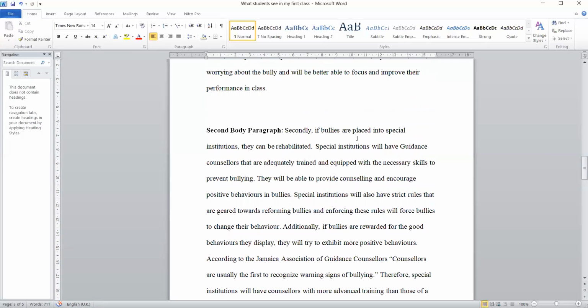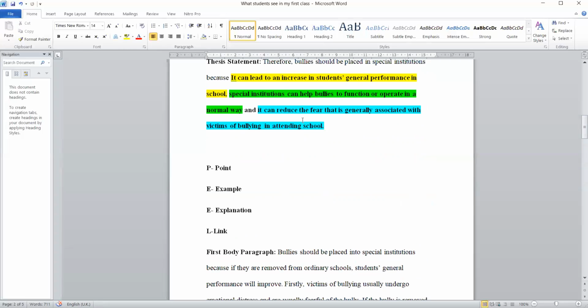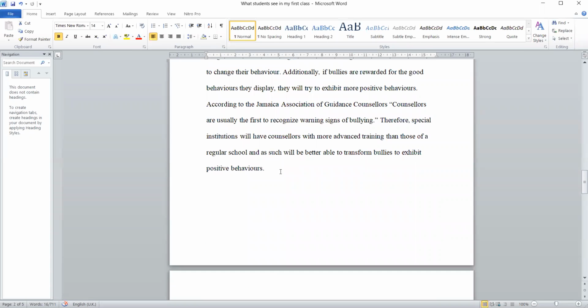All right. So our last body paragraph will be based on this point highlighted in blue. It says that if bullies are placed in special institutions, it can reduce the fear that is generally associated with victims of bullying in attending school. So how could I reword that to make my third body paragraph?